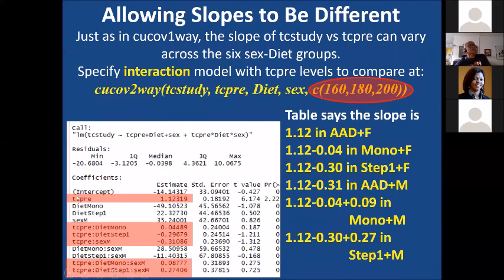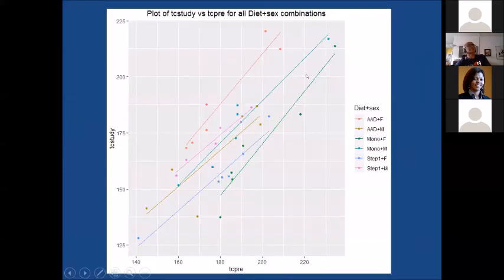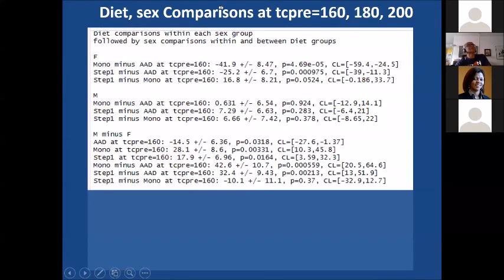You have the regression, you have the slope, and the slope changes with diet and sex, and the slope then also changes with combination. So you're going to have 6 non-parallel lines. So these lines are all different slopes, and the program takes care of that, and then it does the comparisons.